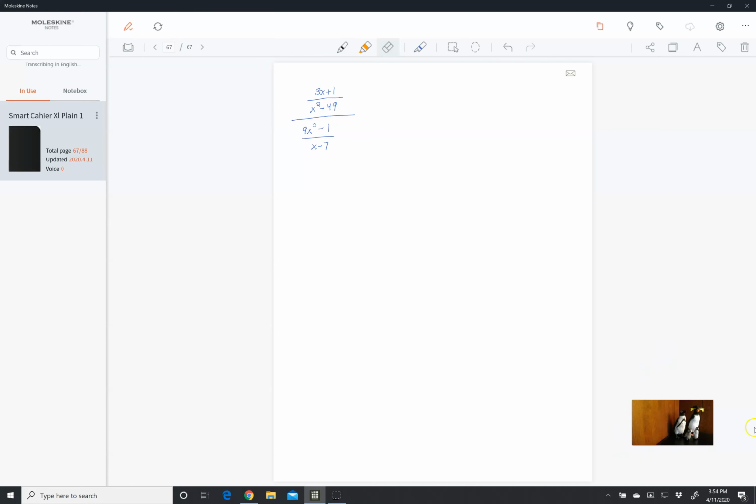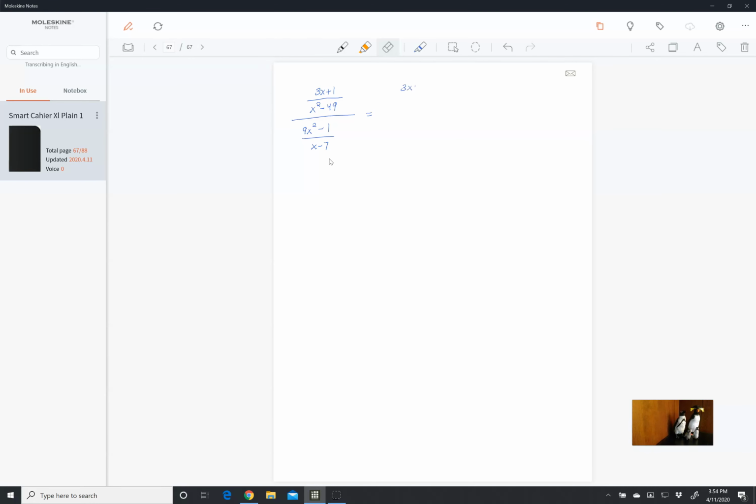And here this is a little bit different, and the reason why is because we don't have to add or subtract fractions. We have one fraction in the numerator and one fraction in the denominator. But if you remember from division, one of the things that we want to do is we want to factor. We always want to factor.